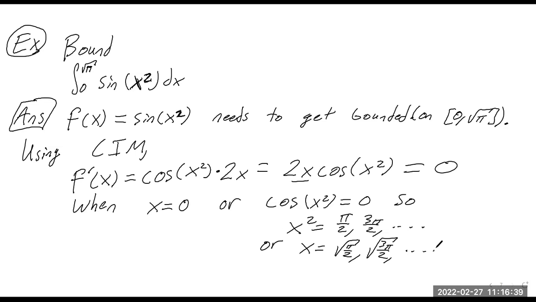But what interval was I working over? I was working over 0 to the square root of pi. So I really only have to consider that value x at the square root of pi over 2, because it's in between 0 and the square root of pi. So now we have our critical numbers.